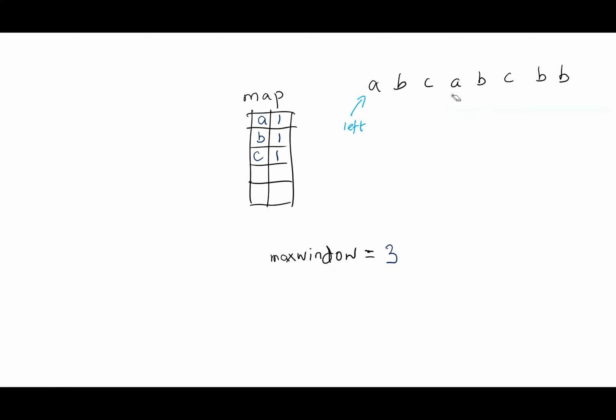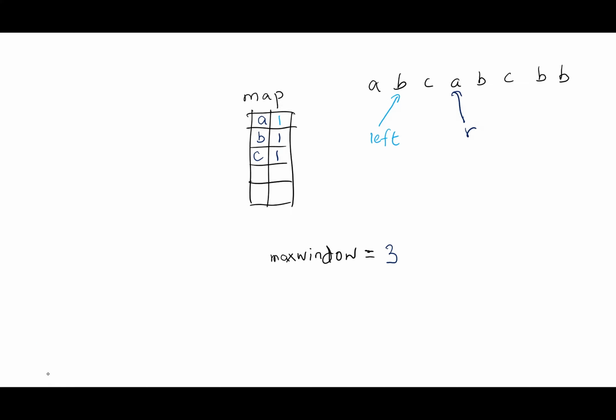Next I move this to A and now this one has a frequency of 2, so the window becomes invalid. If the window becomes invalid, I have to push the left wall to here. As I push the left wall, I also update the frequency and you see the frequency becomes 1. That means this window is now valid again.